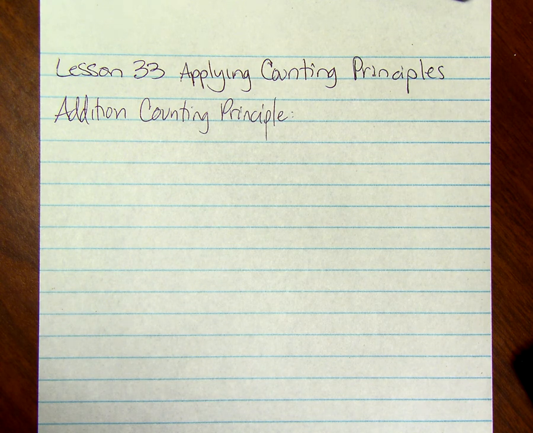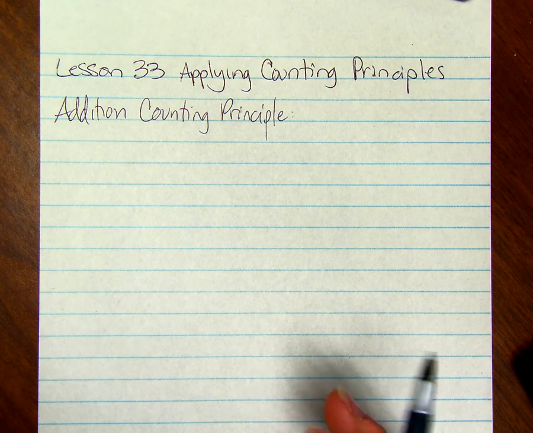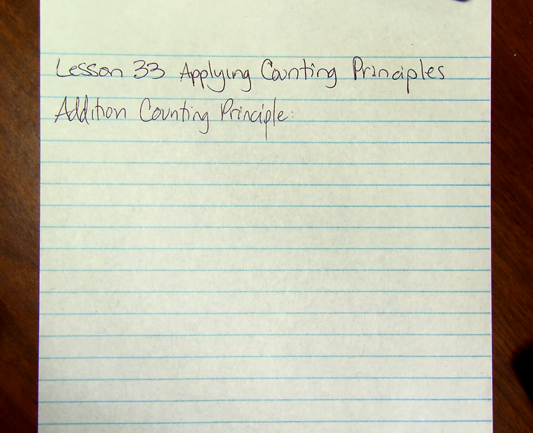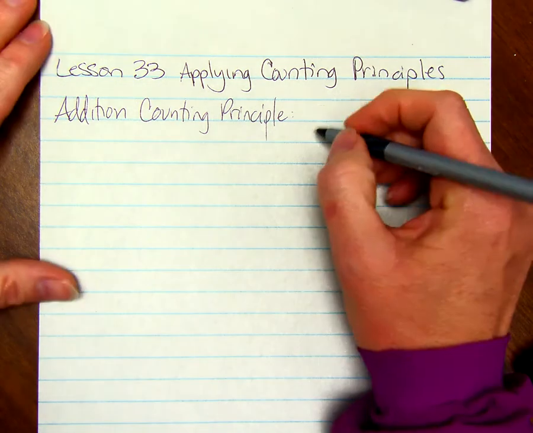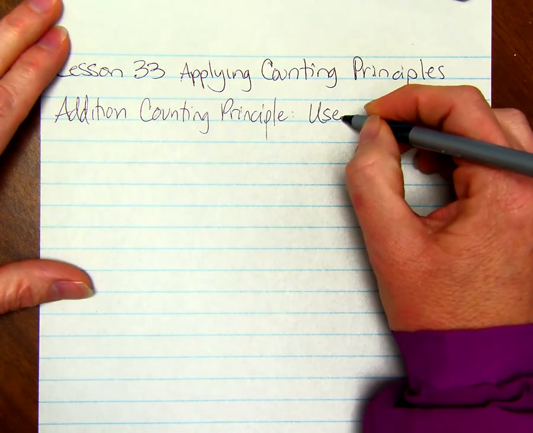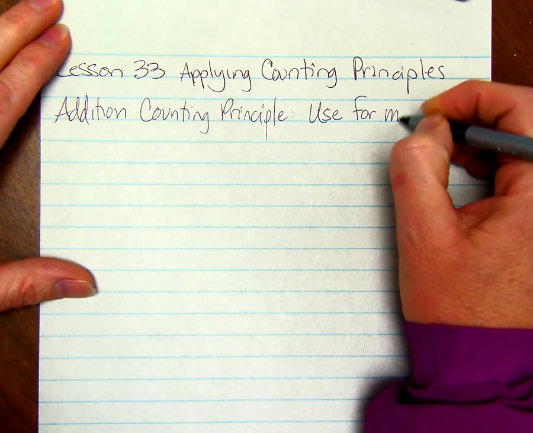That is written in your book, so we're not going to write out the entire definition for the addition counting principle, but we do want to say that it's only used for mutually exclusive events.